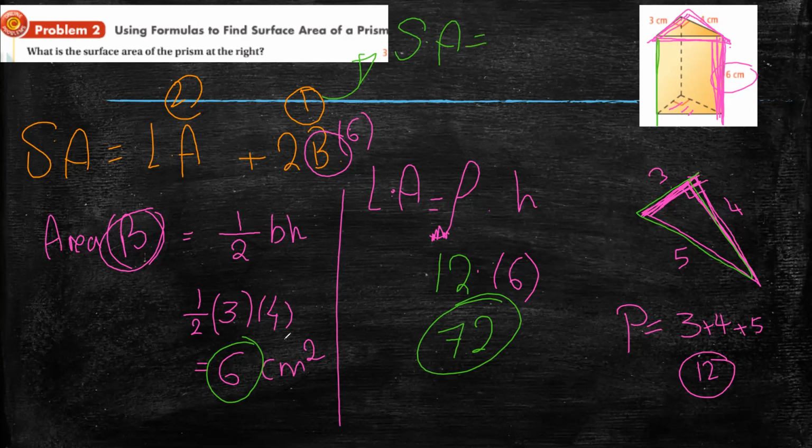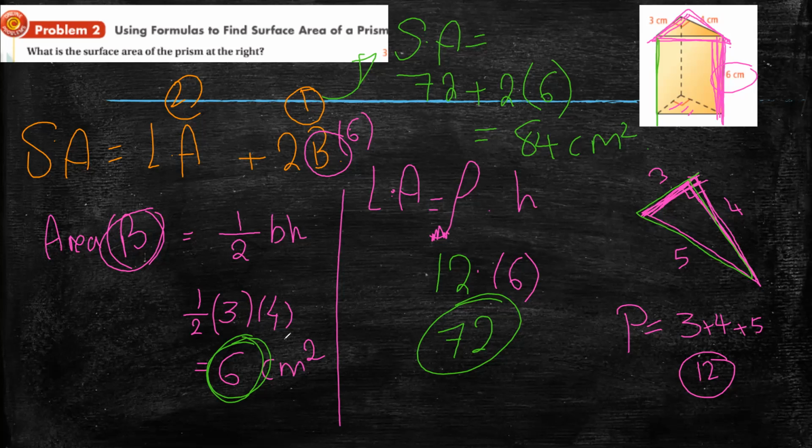The surface area is the lateral area, which is 72, plus 2 times the area of the base, which is 6. 12 plus 72 is 84. 84 centimeters squared. This is the surface area of this triangular prism.